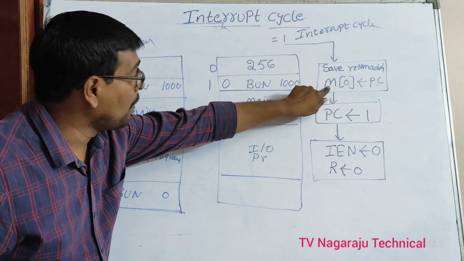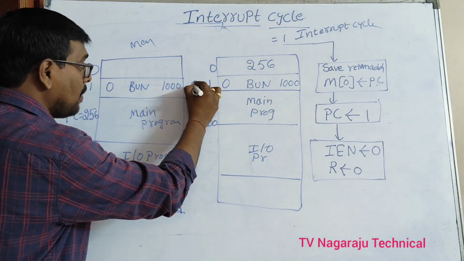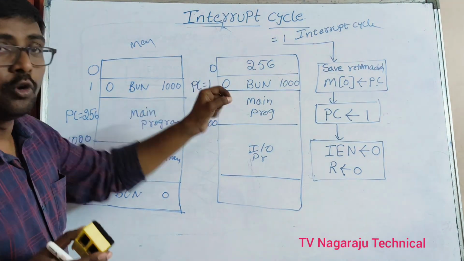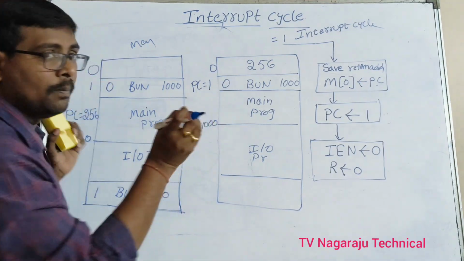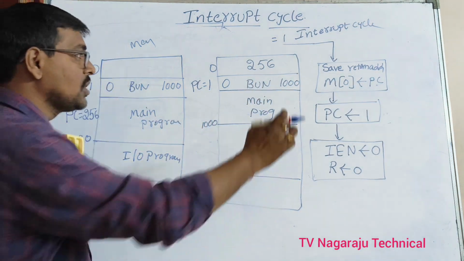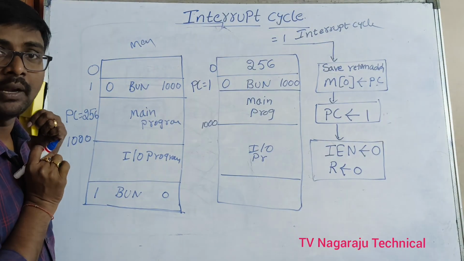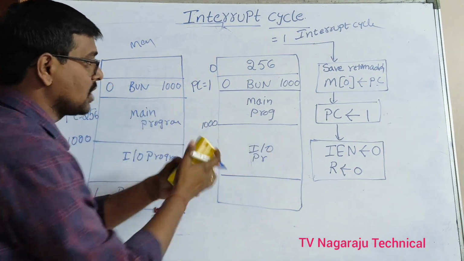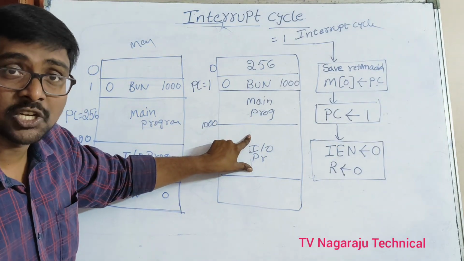What happened? At the M of 0 location, I am storing this. Now the program counter value is equal to 1. Why 1? To move to the interrupt subroutine. Here what is the instruction? 0 means direct address, BUN, branch unconditionally 1000. Simply move to location 1000 and execute all these instructions.